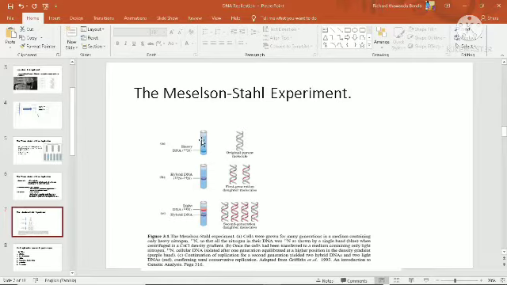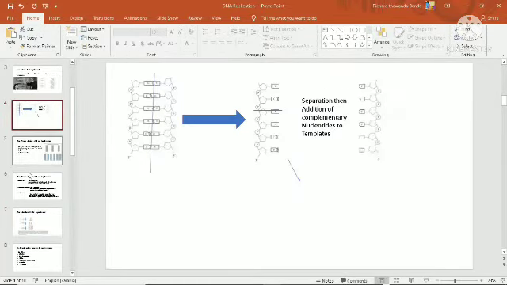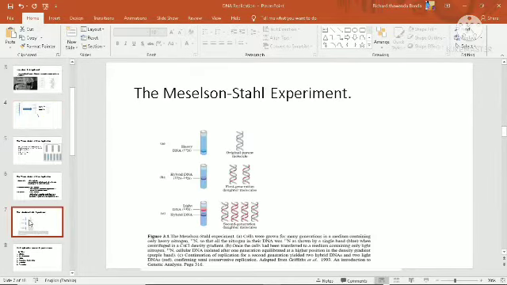So they grew the E. coli in N15 isotope nitrogen. And what happened is that if you remember from the structure of DNA, you have nitrogens and so on. So during the replication, the DNA of the E. coli incorporated the heavy nitrogen.